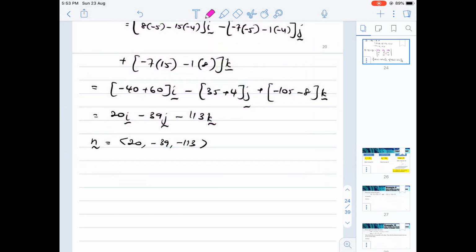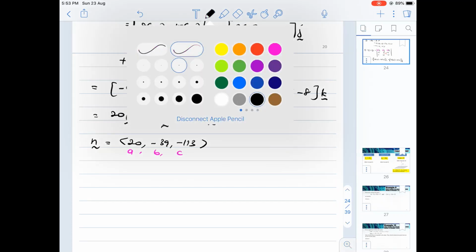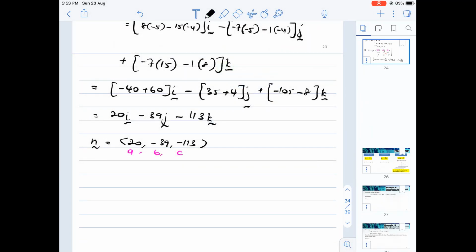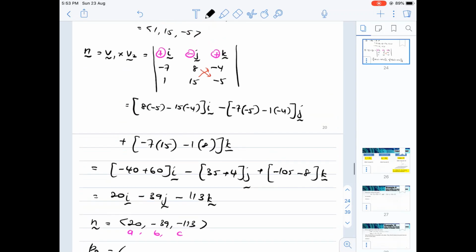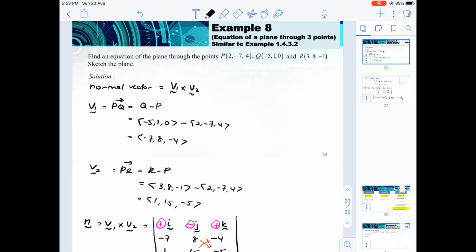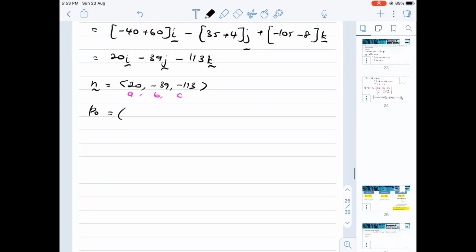So now this is our A, B, and C. We can choose P naught as P. So we have P naught equal to 2, negative 7, 4. This is our x naught, y naught, and z naught. So let's substitute into the equation of the plane.